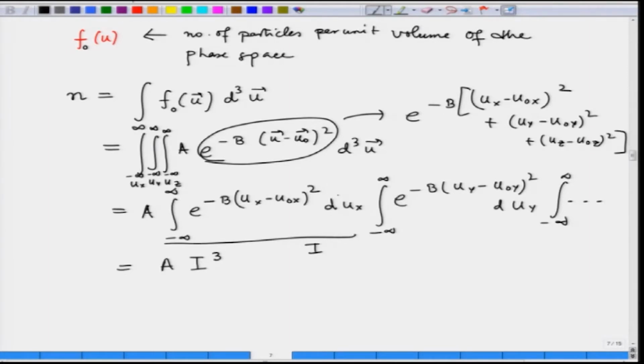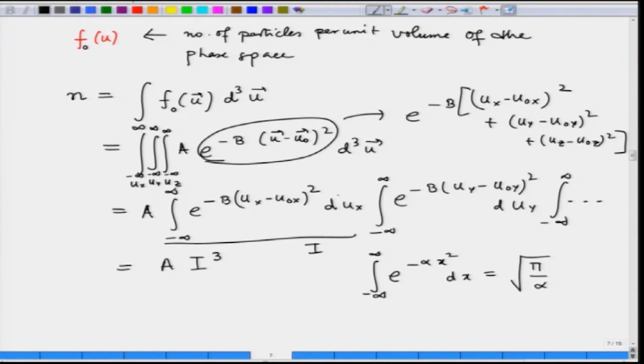Now how do we calculate this? One can show that an integration like e to the minus alpha x square dx is simply root over pi by alpha. This I leave for you as an exercise; it is a very nice home task.